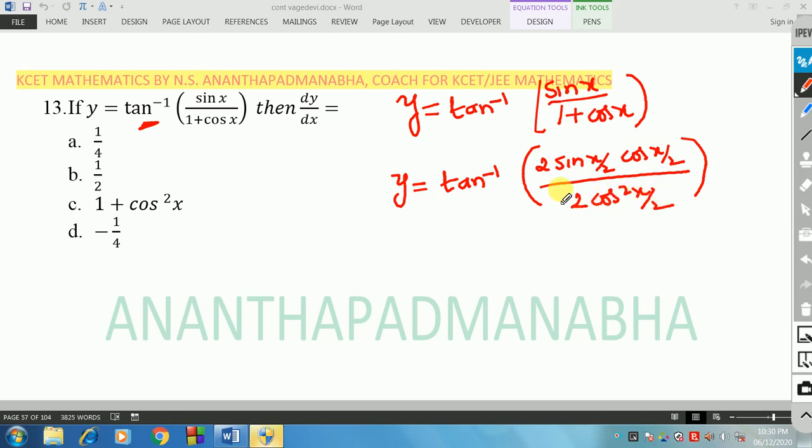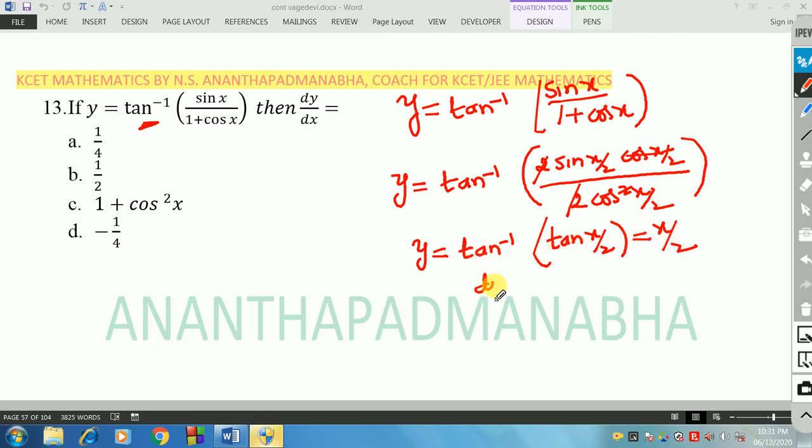So the 2 cancels here, and cos x by 2 and this square will go. So we are left with sin x by 2 by cos x by 2. Therefore y is equal to tan inverse of tan x by 2, which is equal to x by 2. So y is equal to x by 2 now.